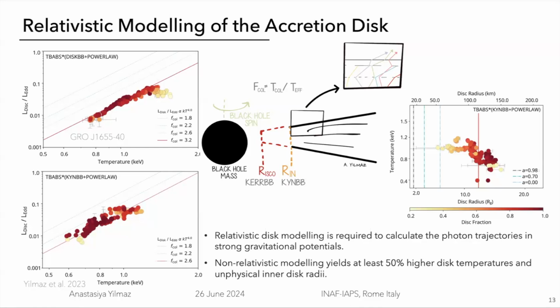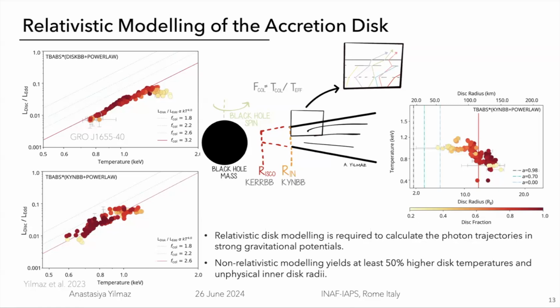The other part that I want to mention is when you start including the relativistic corrections to your observed spectrum, and you also account for an inner disk radius that is not actually at your ISCO value, you are able to see a very important result. If you look at the upper plot, this is with the non-relativistic disk model, and in the lower part, these observations were able to get recovered to what you see.